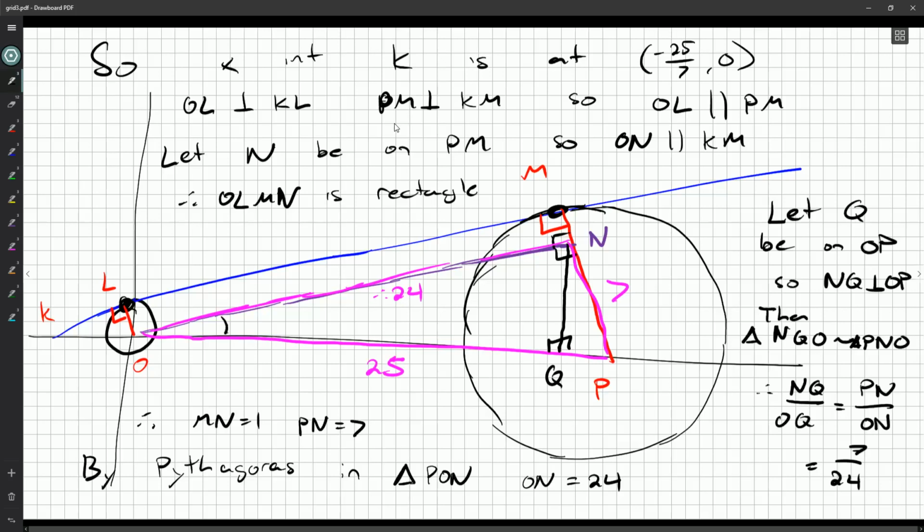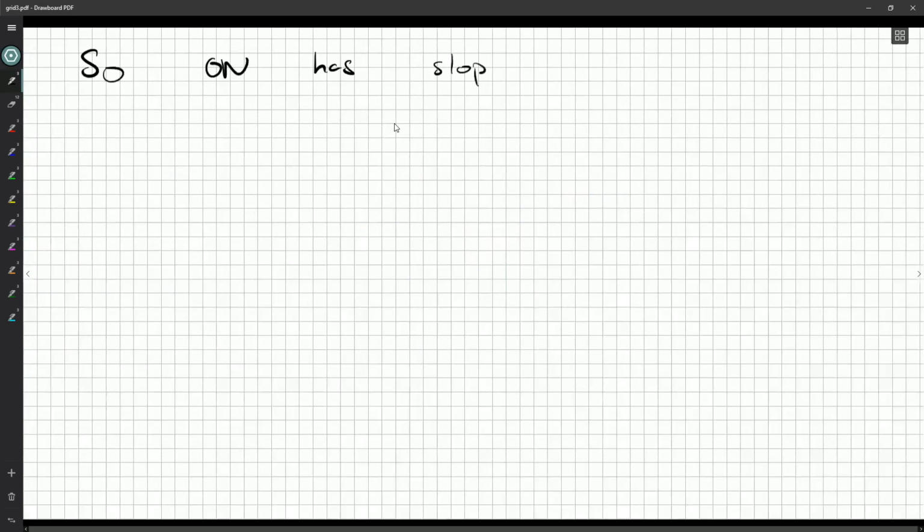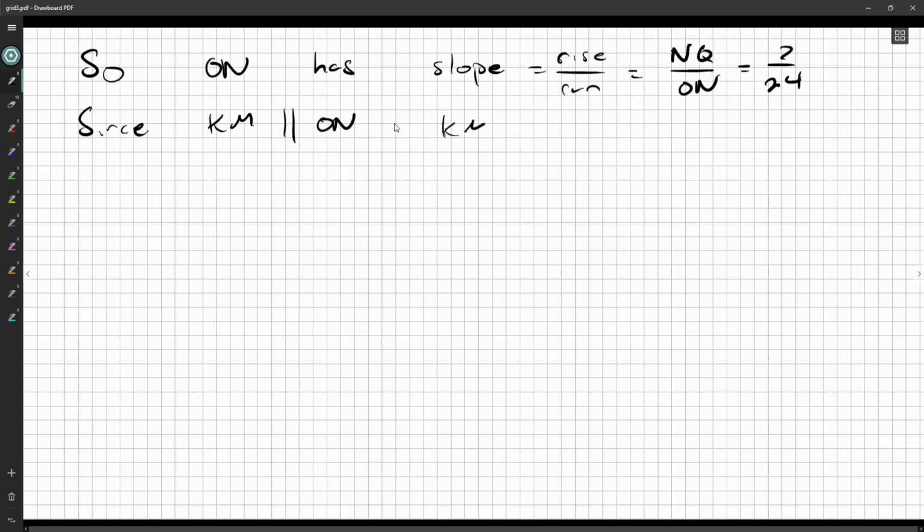Okay, so 7 over 24, well, that's exactly the rise and run of ON. So slope, rise over run. So that's NQ over ON is 7 over 24. And since KM is parallel to ON, KM, the line that we want, has slope 7 over 24.